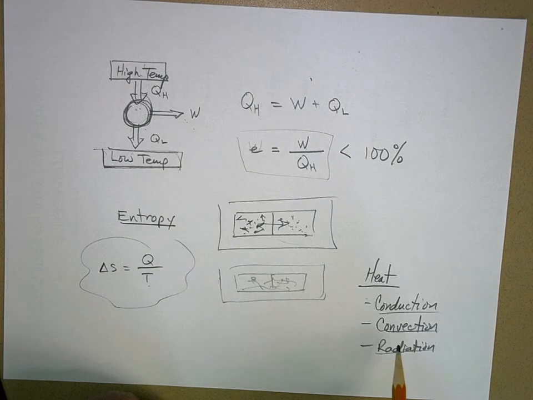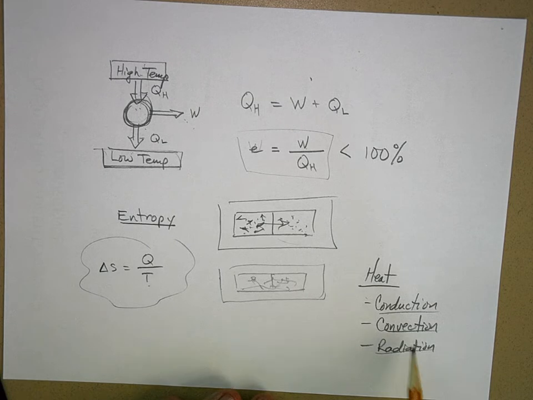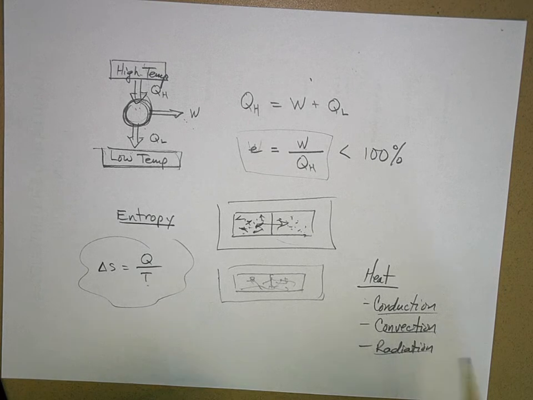Convection, that's like what happens in boiling water. Hot water comes up and then it sinks down when it cools off. You get a roiling boil kind of a thing. That's convection. This is through the motion of fluids, and fluids can be gases as well as liquids. Radiation, that's when it's not moving through material, it's moving through photons.